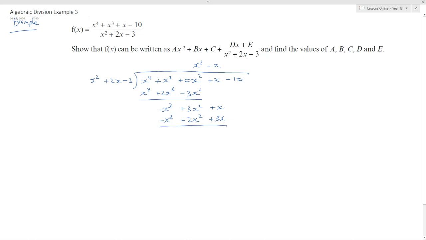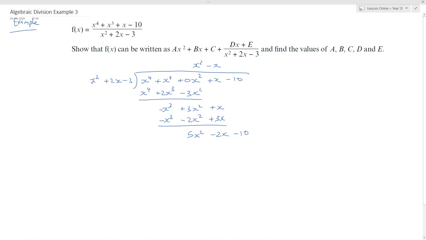Again, subtraction. Those 2 cancel. 3 minus minus 2, so that's going to be 5x squared. 1 minus 3 is minus 2x. And don't forget the minus 10.